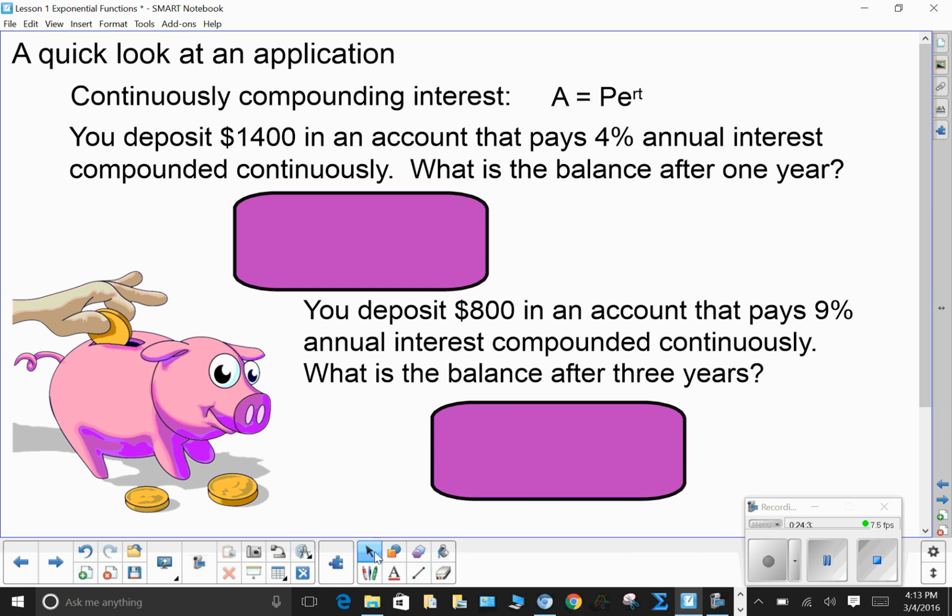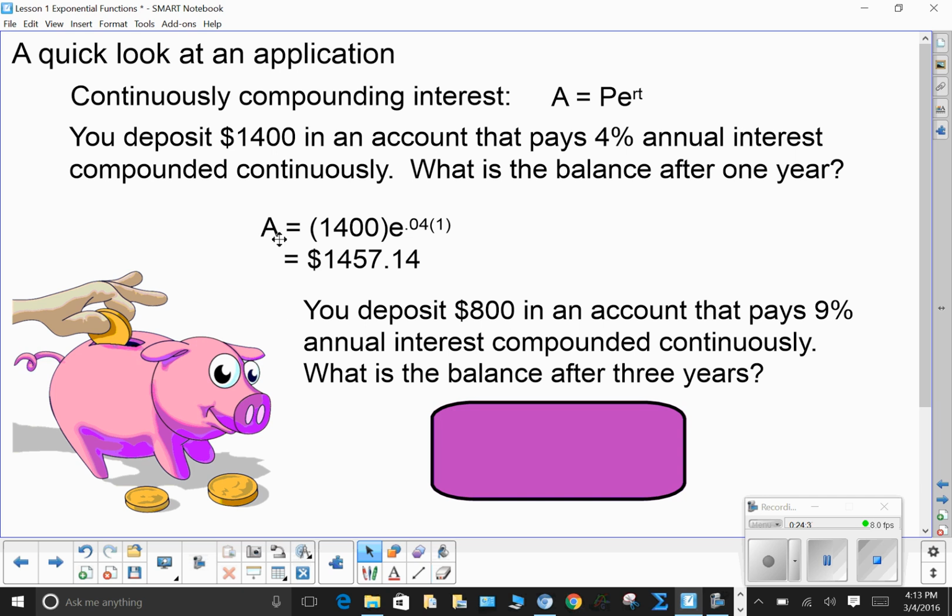Just plug things in. Okay, you plug in, you don't know what the future is, but you do know you deposited $1,400 for 1 year. The T, the time, is in years. So you wind up with $1,457.14 at the end of a year. Now, what if you deposit $800 into an account that pays 9% annual interest compounded continuously?